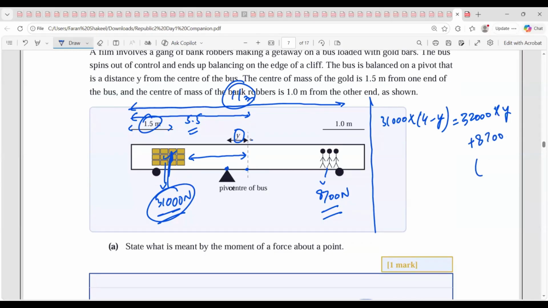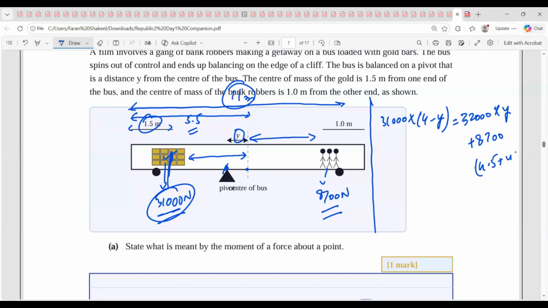What is going to be this distance now, Ariba? That's just 5.5 minus 1, so 4.5. We're talking about the distance up till this point, so plus y. So that is going to be 4.5 plus y. Got that? Yeah. Okay.